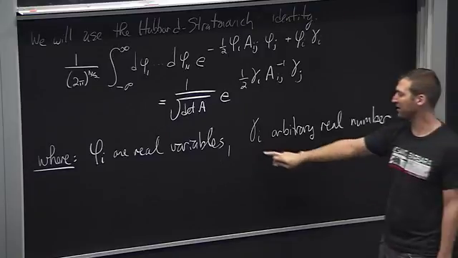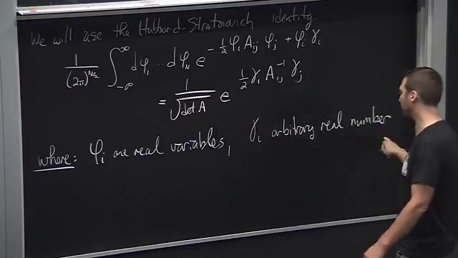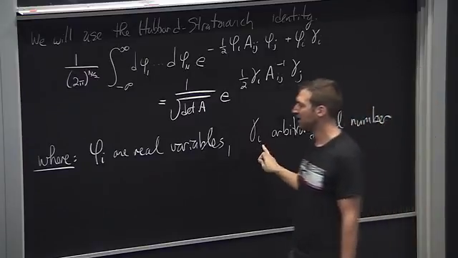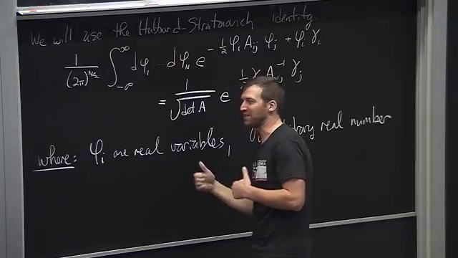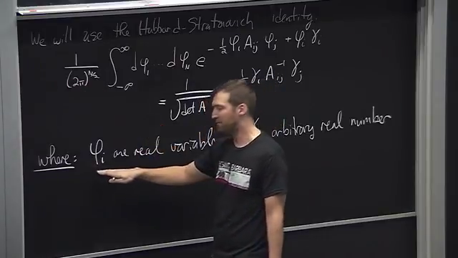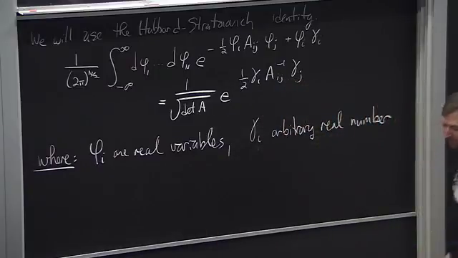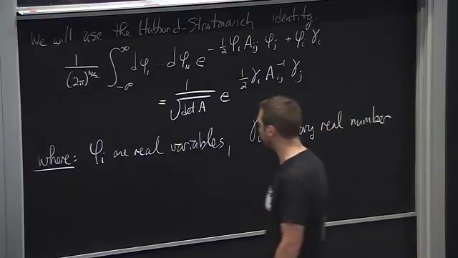Okay, so these are going to be our, I'm actually going to write these as sigmas, but the identity is true if they're any arbitrary real number. And just like the expectation value of the sigma gives m, phi is somehow the order parameter associated with those variables. A is a symmetric real invertible matrix.